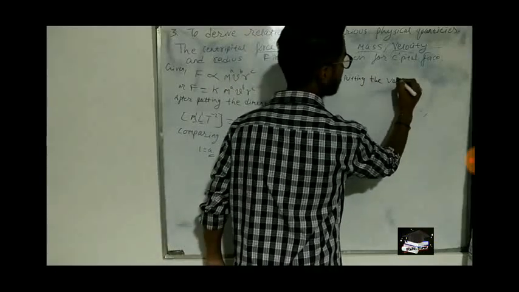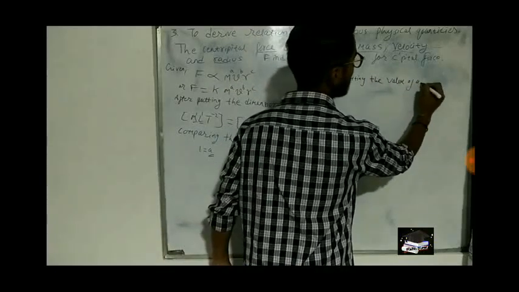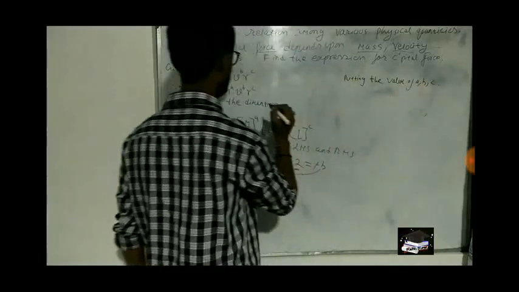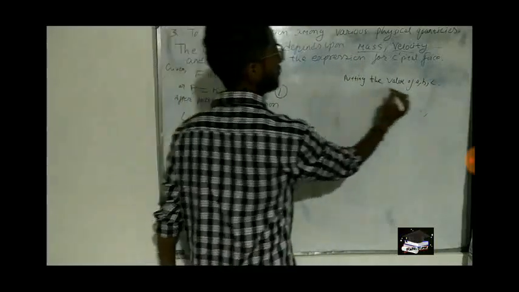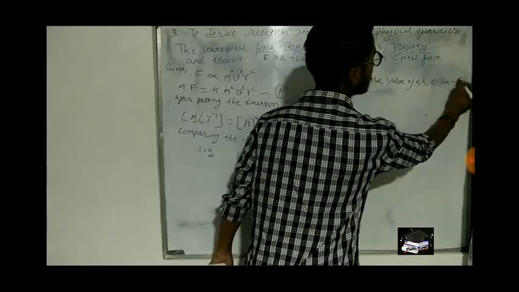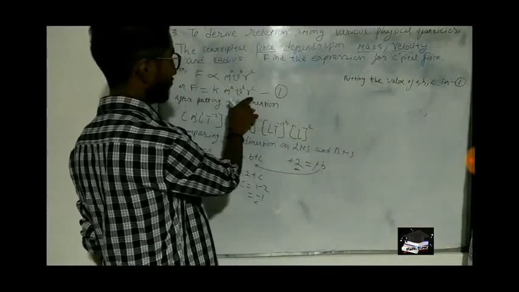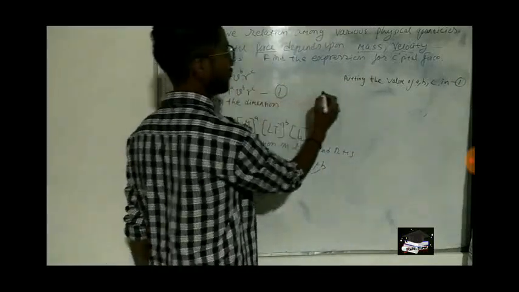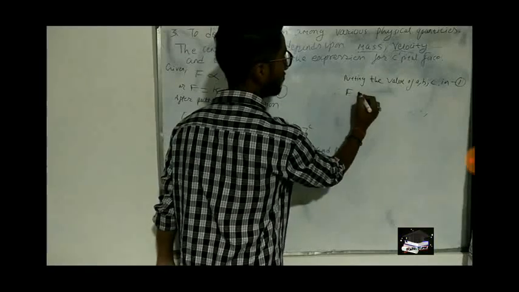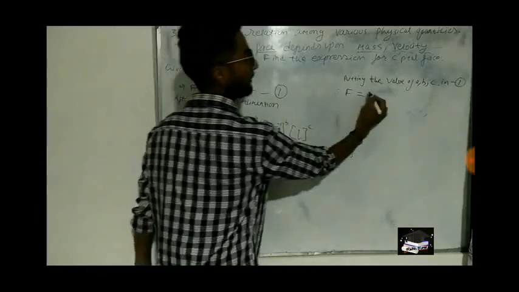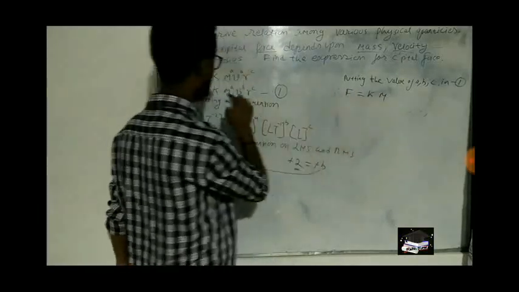Putting the values of a, b and c in equation 1, we get F equals k into m to the power a.